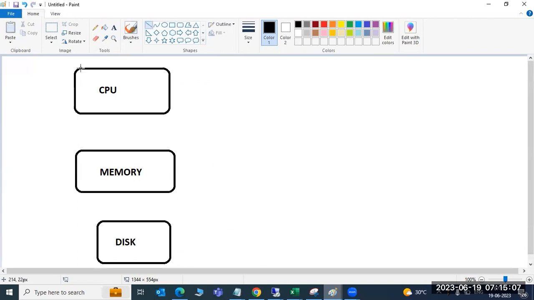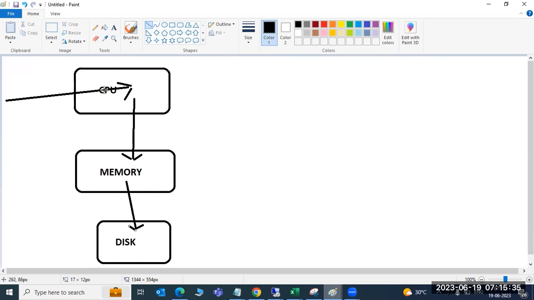Suppose you need to fetch some data from a database, or you want to store data. What will you do? You will search for it. The data request first goes to the CPU, then it goes to the memory, then it goes to the disk storage. This is the way.